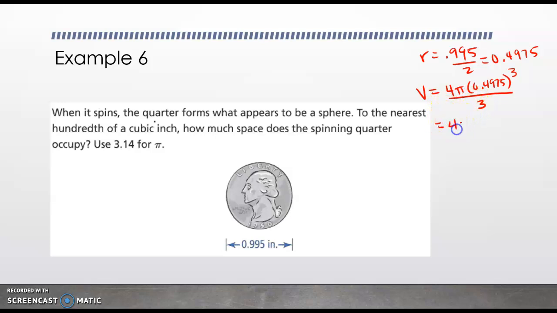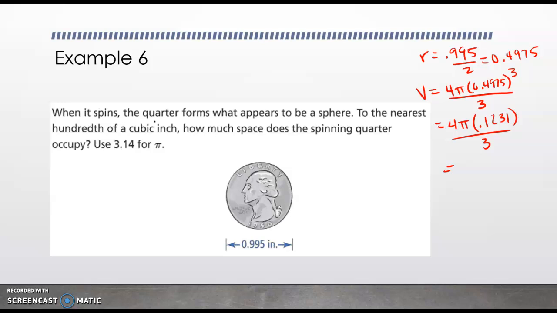Now I've got 4 times pi, and then 0.4975 cubed is 0.1231, divided by 3. From here, I am going to multiply all of that together and then divide by 3. Let me get my calculator out.